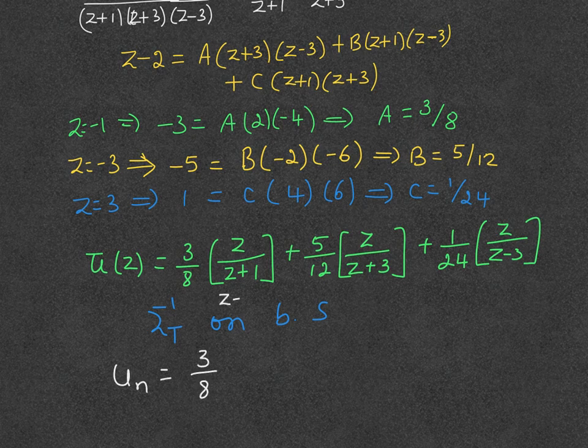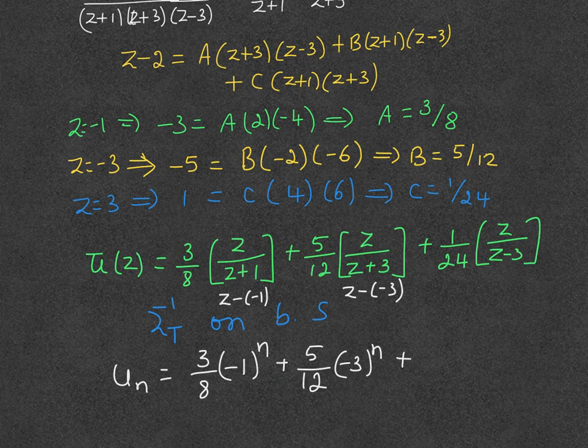Let us make this z minus of minus 1, means z by z minus k, where k is minus 1. So minus 1 power n. Next 5 by 12. Same way here z by z minus k, where k is minus 3, answer is minus 3 power n. Next 1 by 24, z by z minus k, where k is 3, answer is 3 power n. So this is the result. This is how you can solve the given difference equation.